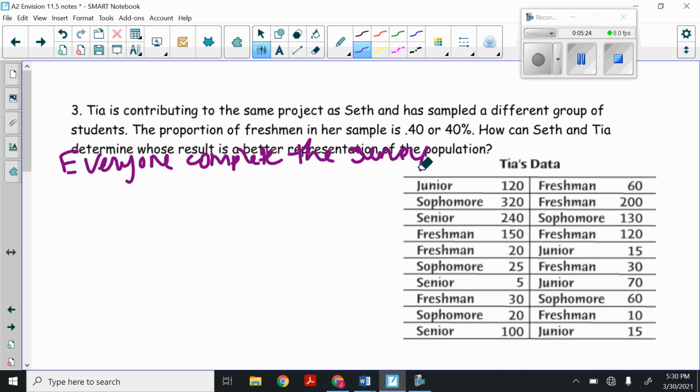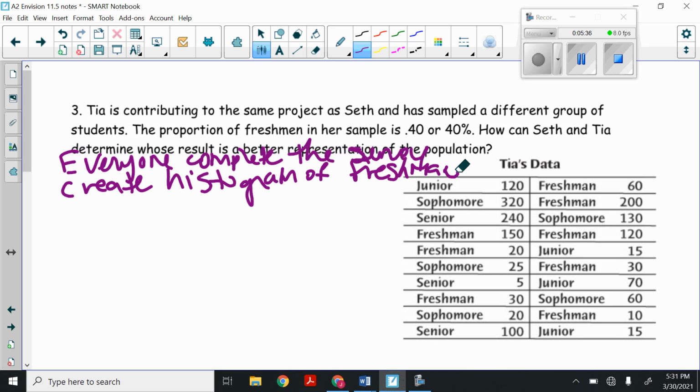And then we're going to create a histogram of freshmen. The book tells us that there were 50 people that took this survey.